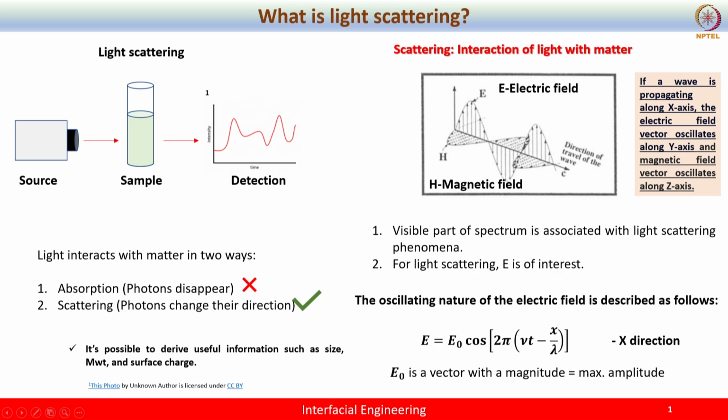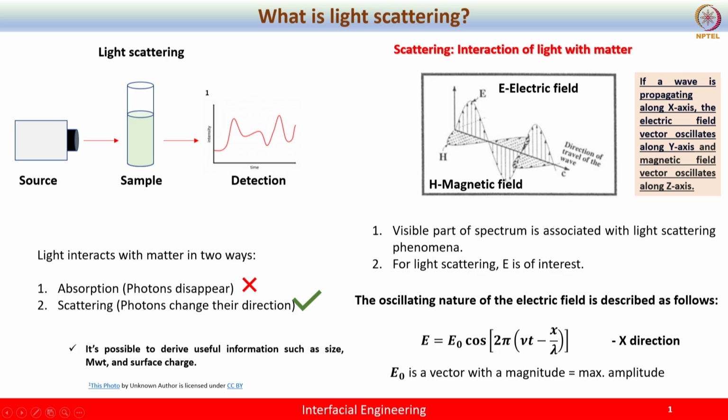You can describe whatever we just looked at in mathematical language, that is this one. E is nothing but E naught. Whatever we described physically can also be described mathematically in this way.